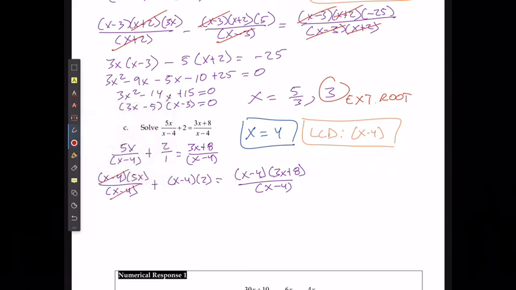These are going to cancel out. These are going to cancel out. And what I really have is 5x plus 2 times x minus 4 is equal to 3x plus 8.